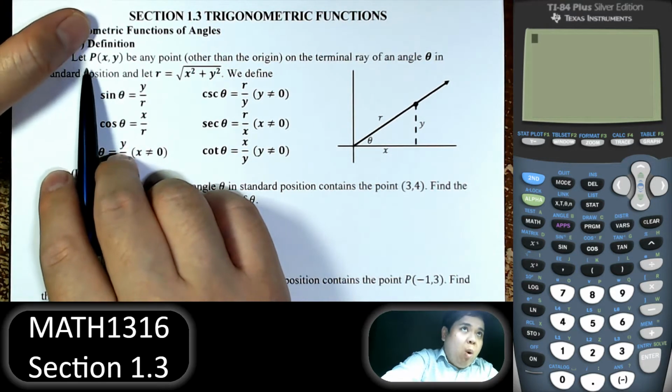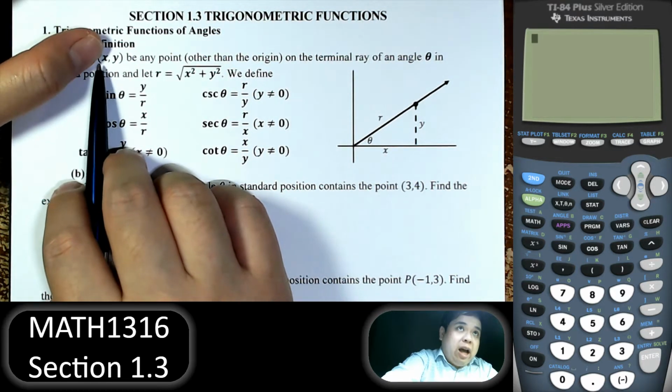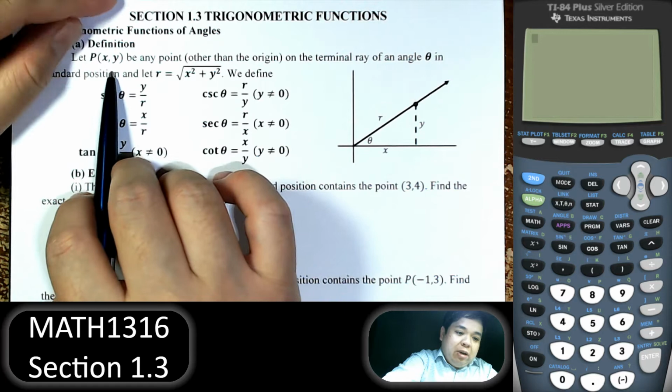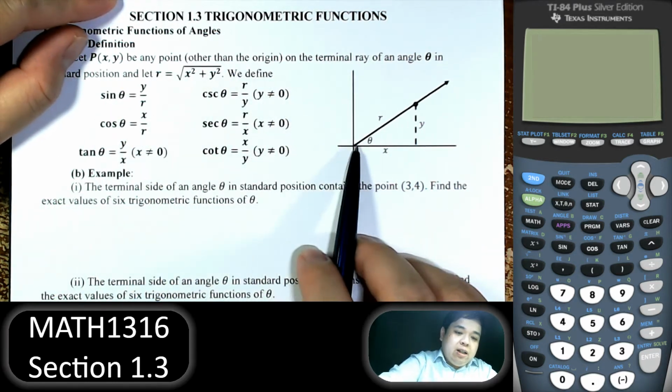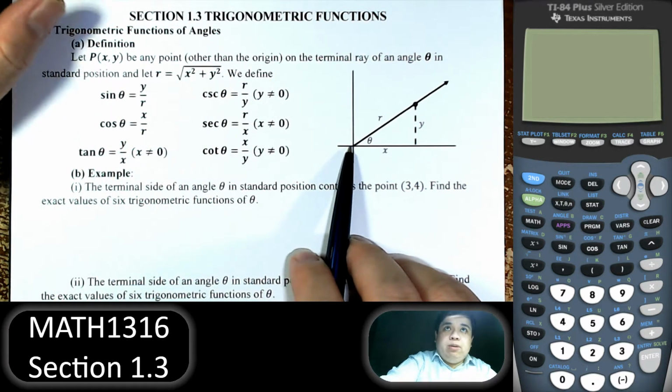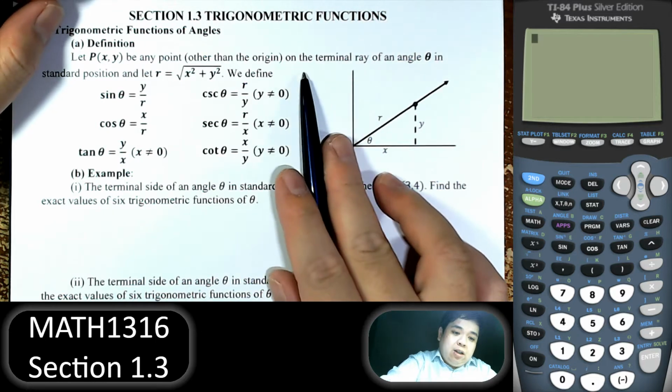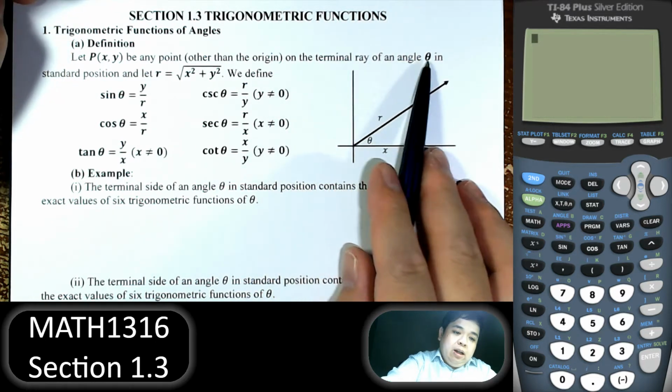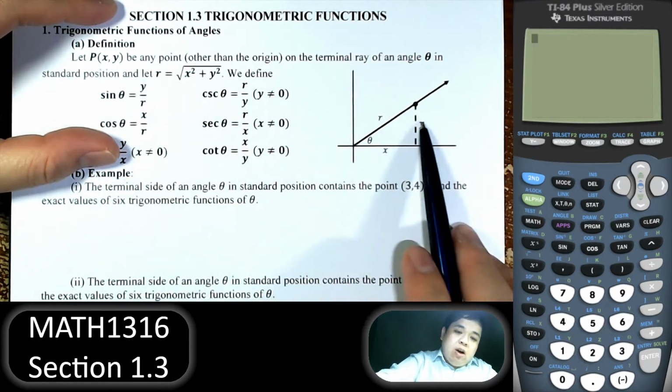Let the point P, with x and y coordinates, be any point other than the point (0, 0). It is on the terminal ray.